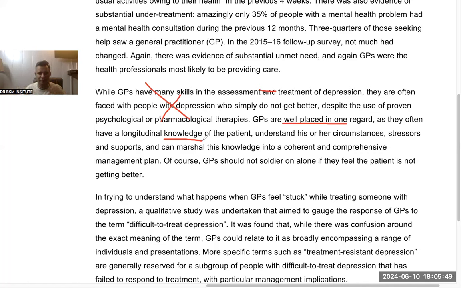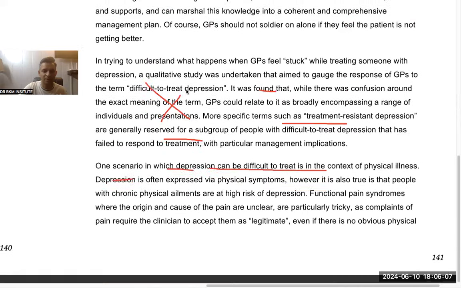They know the history, everything. Of course, GPs should not soldier on alone. That is, GPs should not soldier on alone if they feel that the patient is not getting better. That is the only suggestion: they should not give the treatment alone if the patient is not getting better.